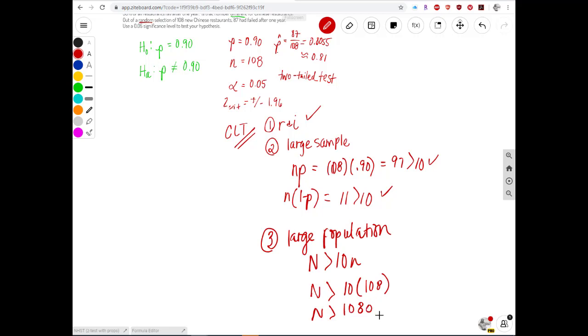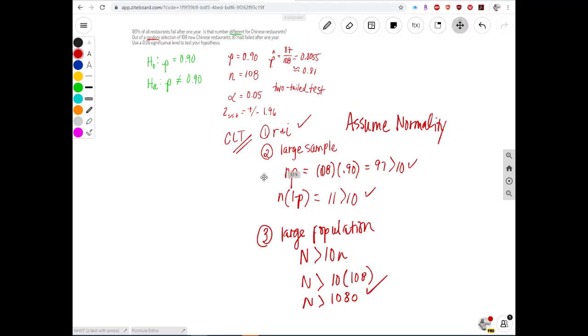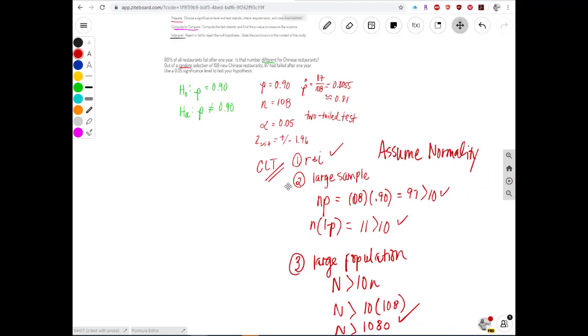And is there more than 1,080 Chinese restaurants? Oh yes, check. So this does meet the conditions of the central limit theorem, and we can assume normality. Woohoo!